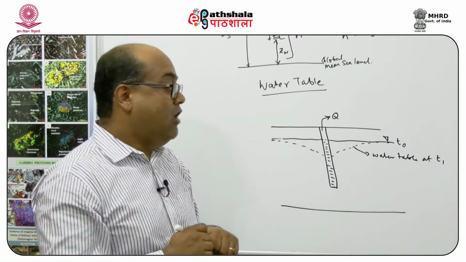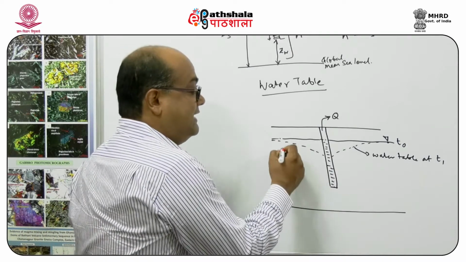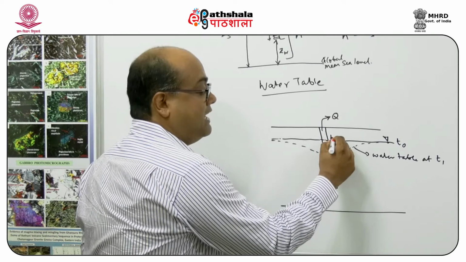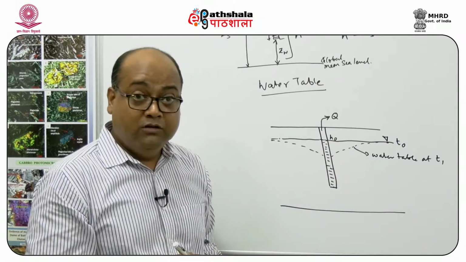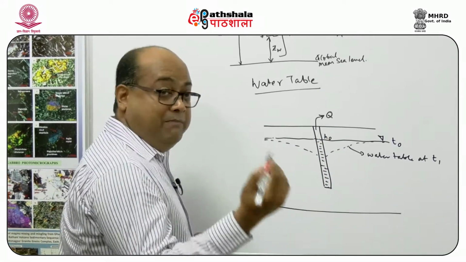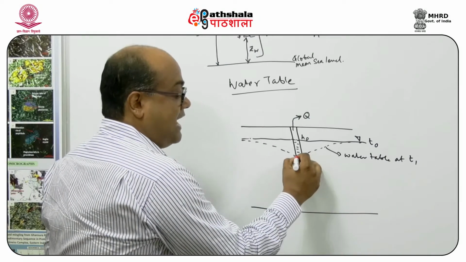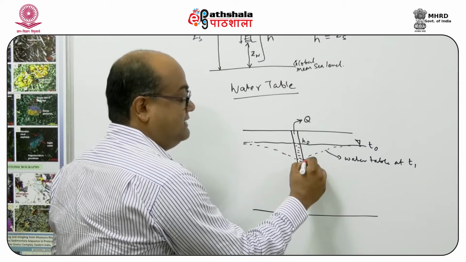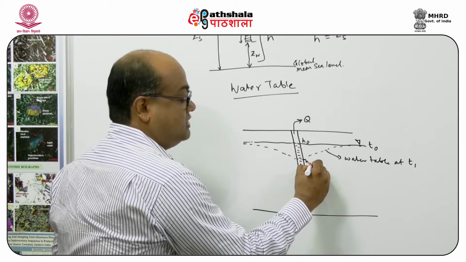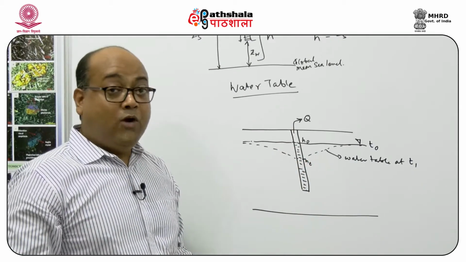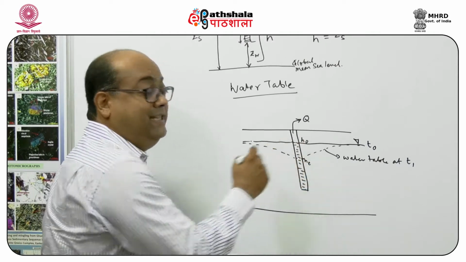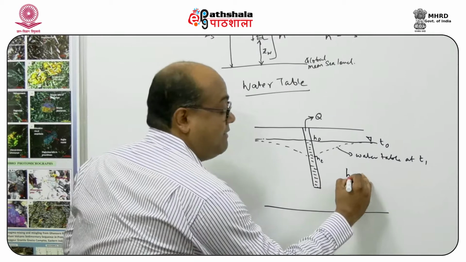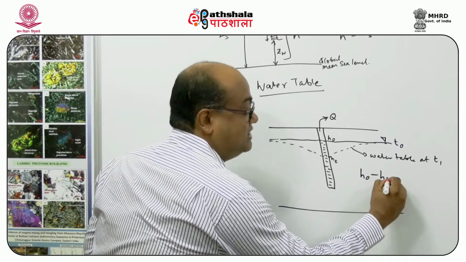Now if I represent the hydraulic head before the pumping started as H0, and after the pumping started, with the water level becoming like this, as HT, the difference in these two water tables due to pumping is H0 minus HT.